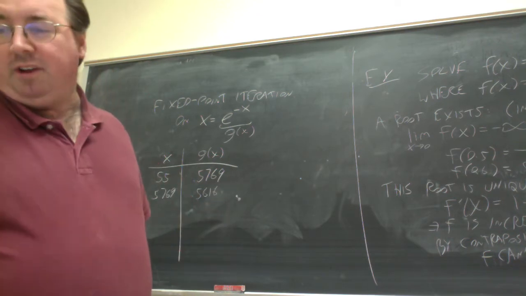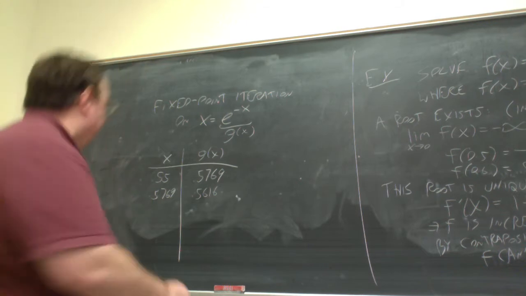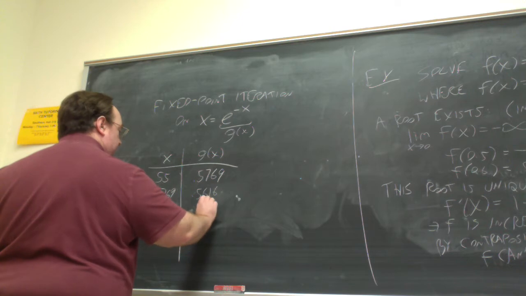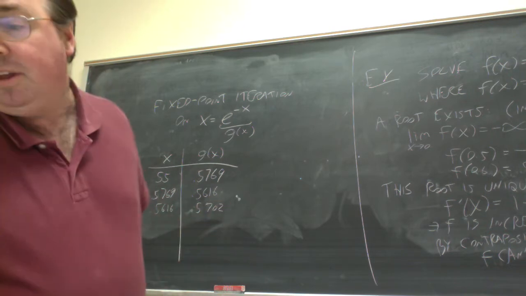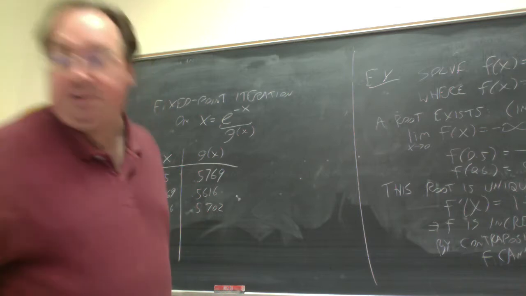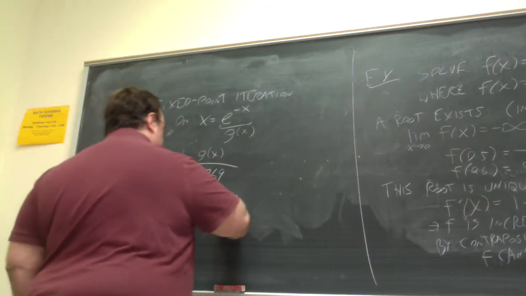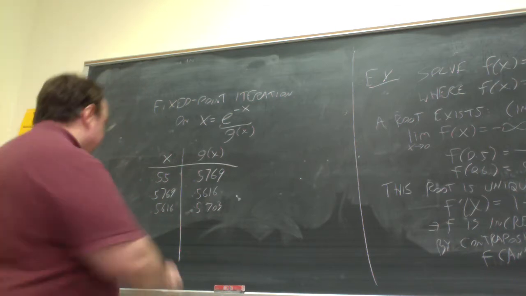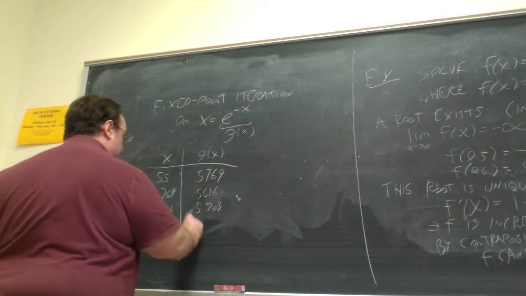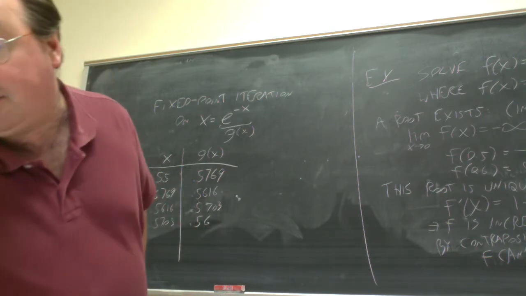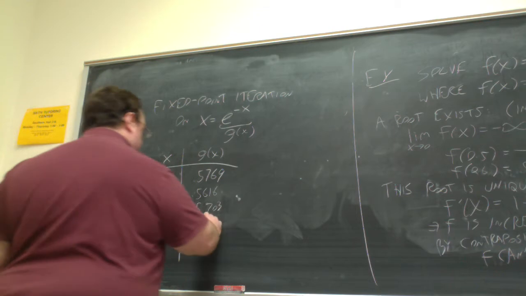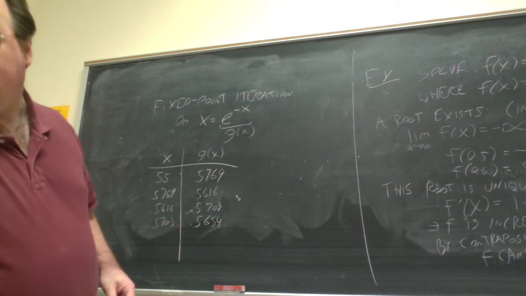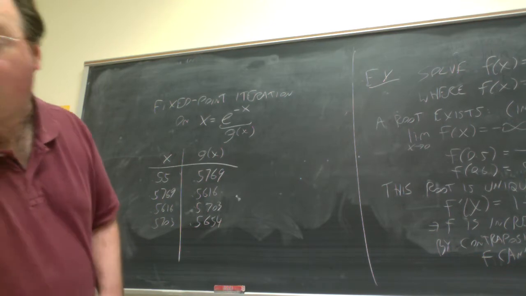The iterates aren't going all over the place. Then 0.5703. Forgot to round. And then 0.5654. Okay, so there's a much tighter grouping here, at least. Do one more.